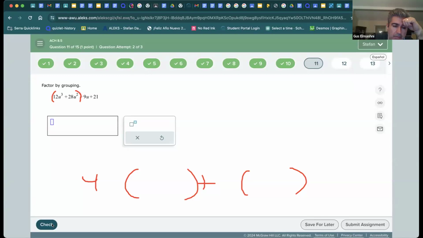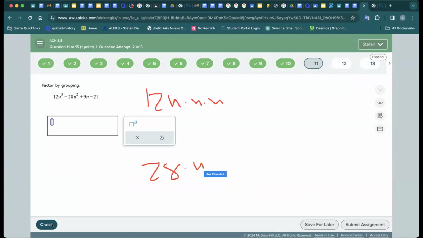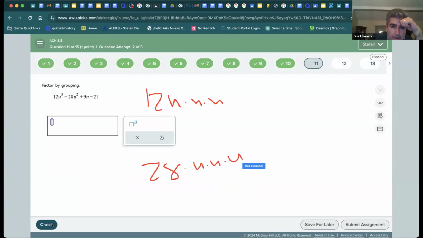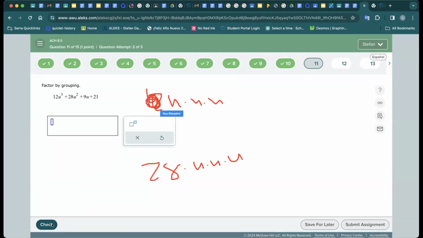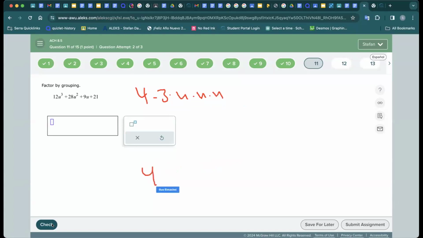Hold on. Okay, let's just back up here. So 12u squared is this, right? 28u squared is this. Okay, and 12 really is 4 times 3, right? So let me clear this out. So it's really 4 times 3 times u times u times u. 28 is 4 times 7 times u times u.